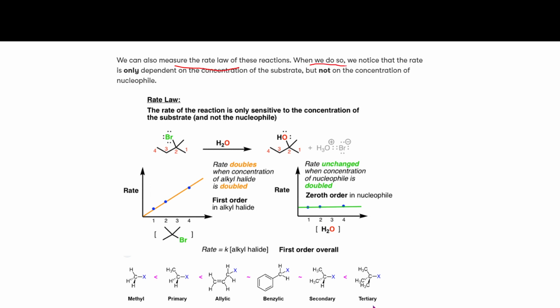When we do so, we notice that the rate is only dependent on the concentration of the substrate, but not on the concentration of the nucleophile. So SN1 favors first order kinetics.